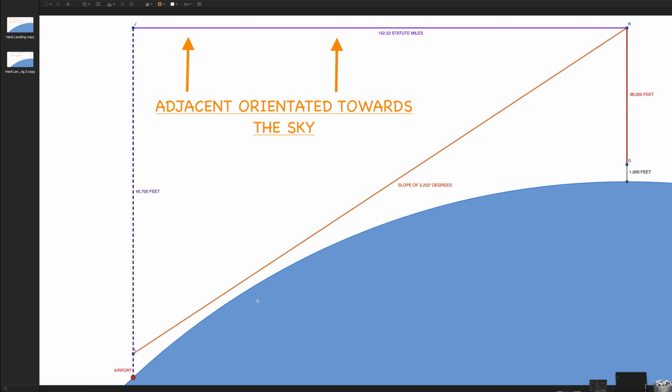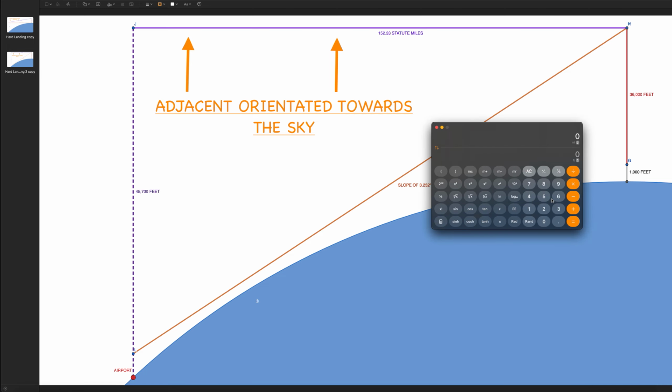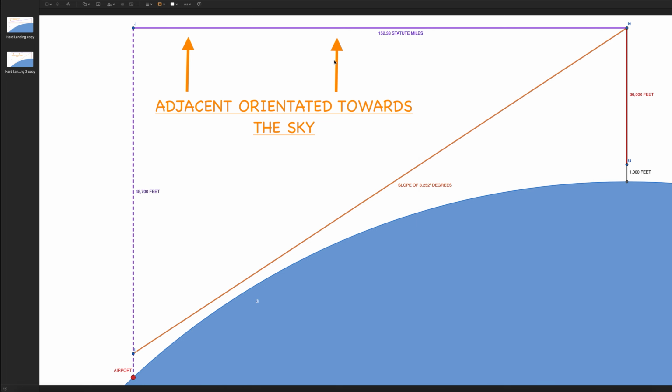So if I take 45,700 and divide that by 300, that'll give us 152.33 miles. So let's just say 152 miles, right? That means that 152, almost 153 miles away from the airport, they must start their descent.